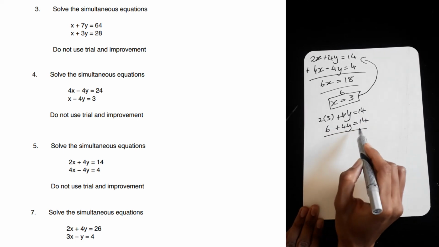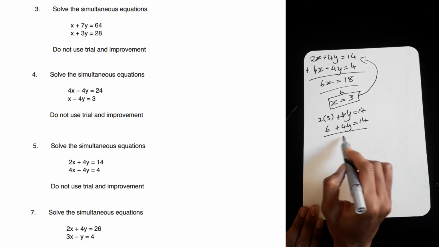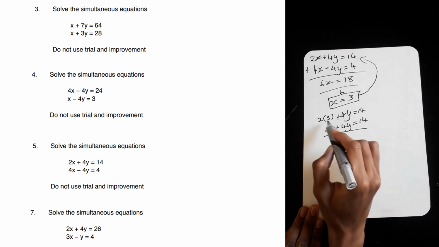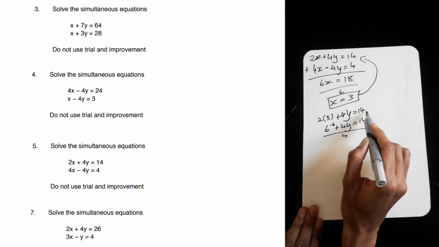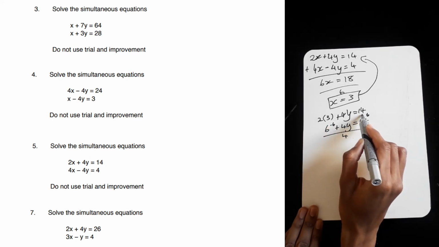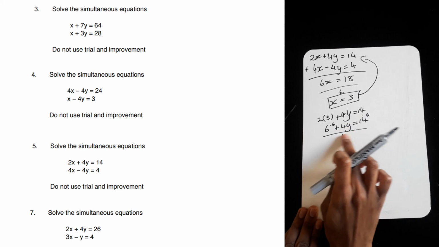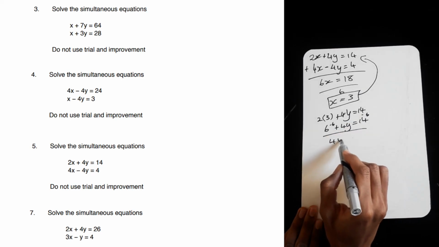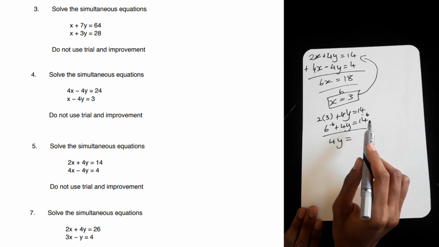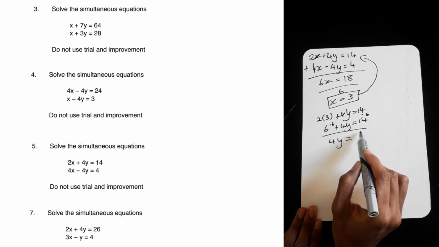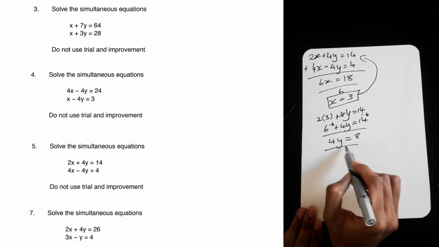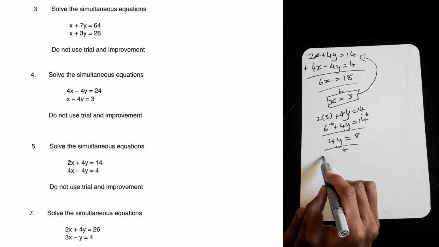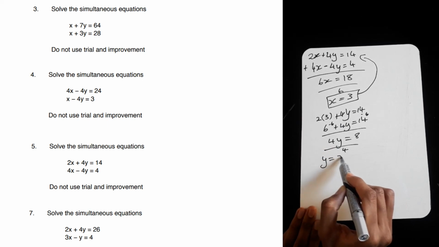And then you divide this by 4, right after you subtract 6 from both sides. So once you subtract 6 from both sides, you're going to have 4y equals 8. And then you divide by 4. So we're going to have y equals 2.